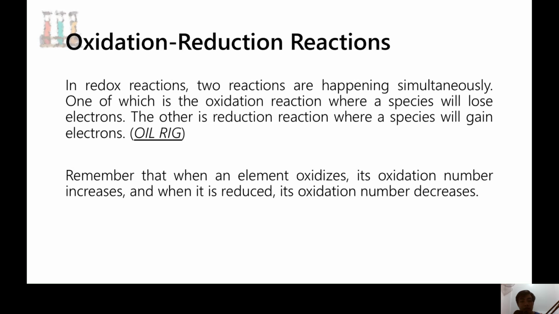Okay? Kapag reduced naman siya, what will happen to the oxidation number is that it will decrease na. So that's one indication for the reduction reaction. Kunwari, positive 5 is naging negative 2. So that's reduction, it gained electrons. Pero kunwari, from negative 2, naging positive 3. So that's oxidation.